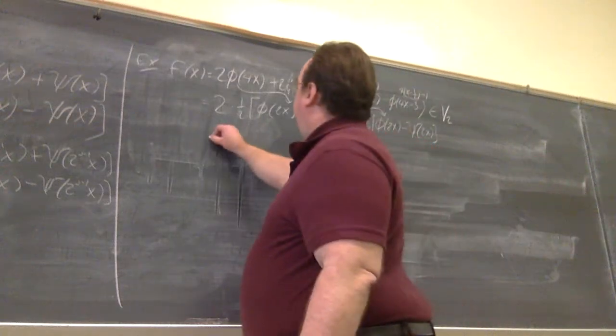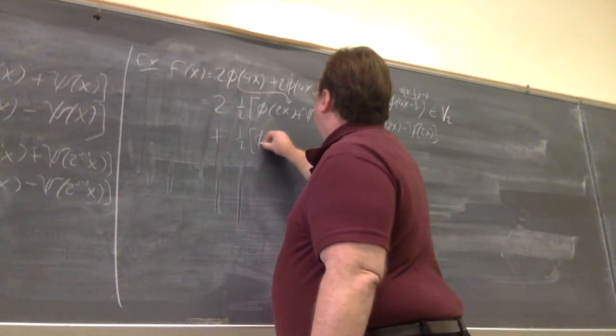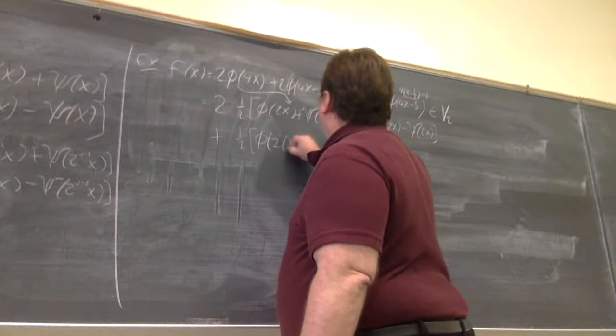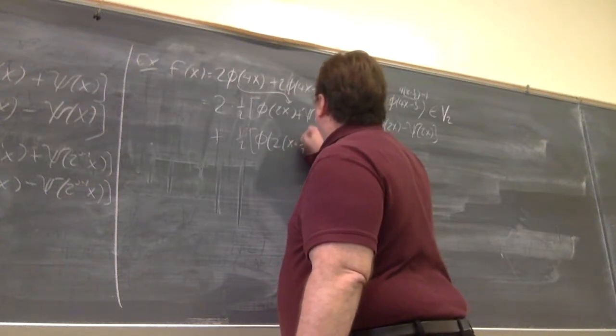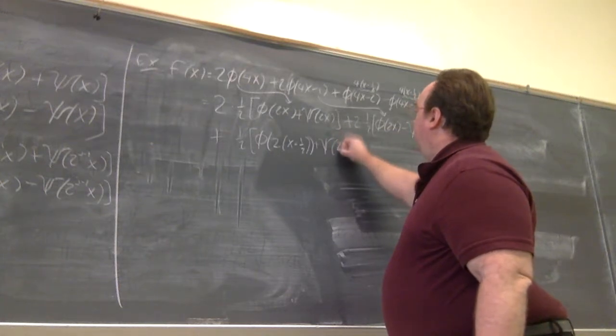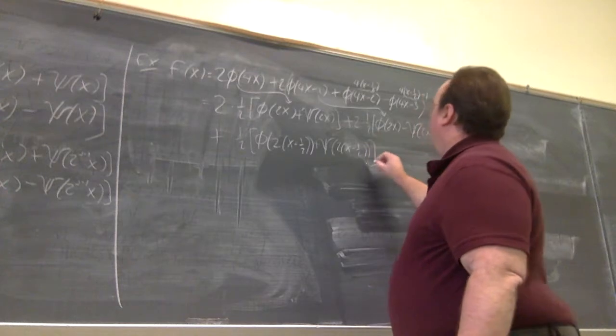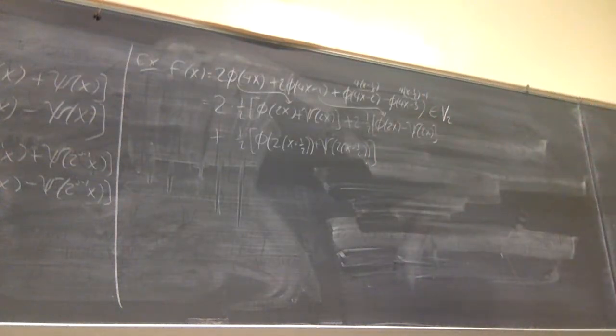So I'm going to have, for the third term, 1/2 phi of 2 times x minus a half plus psi of 2x minus a half. Okay. So that accounts for the third term.